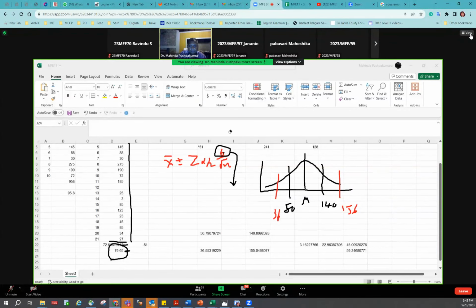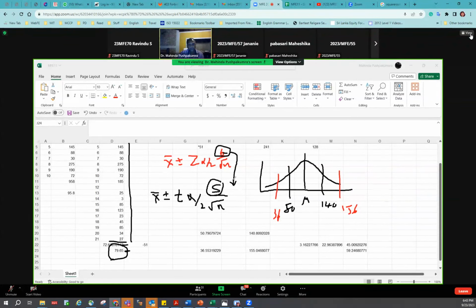With the same formula, plus or minus T alpha over 2 times the sample standard deviation divided by the square root of n. If you don't know the population standard deviation, you can insert the sample standard deviation here.